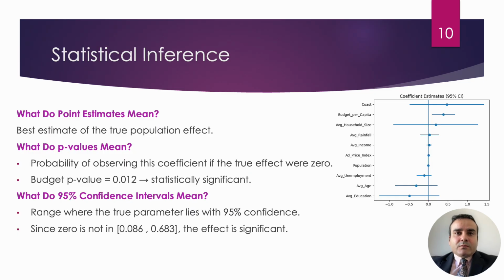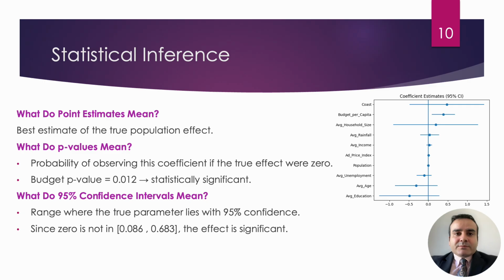Let me clarify what these statistical measures mean. The point estimate of 0.384 is our best estimate of the true population effect. The p-value tells us the probability of observing such a coefficient if the true effect were actually 0. Since the p-value is 0.012, the evidence strongly suggests that budget has a real effect on revenue.